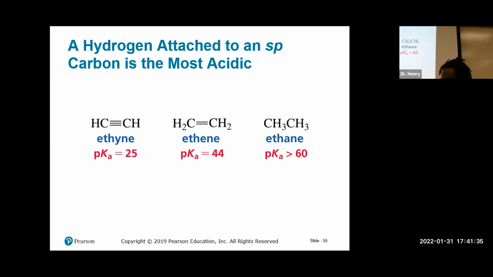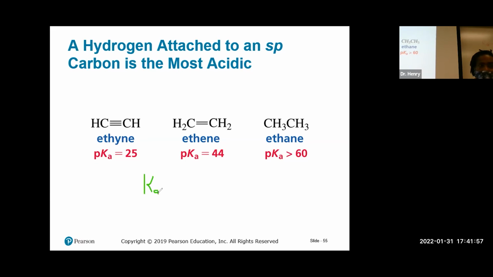So if you guys remember, back in the old days, how would we calculate the pKa? First off, let's start with the equilibrium constant.